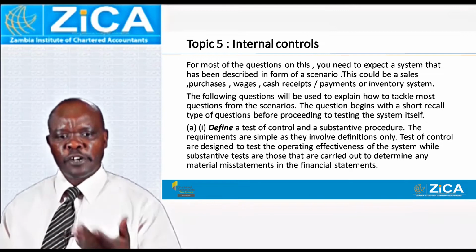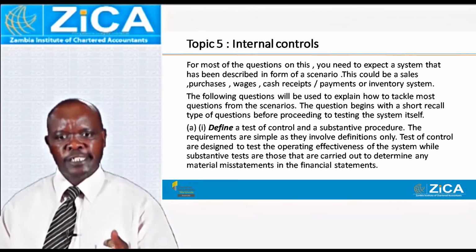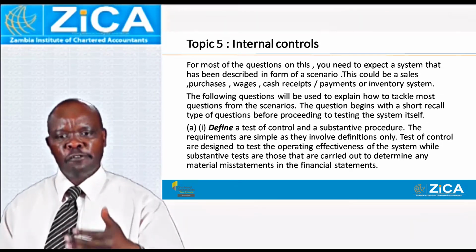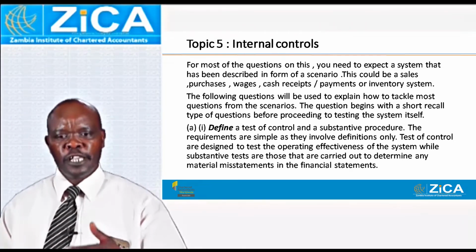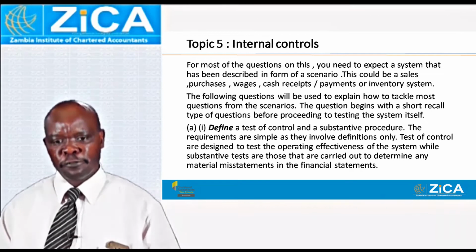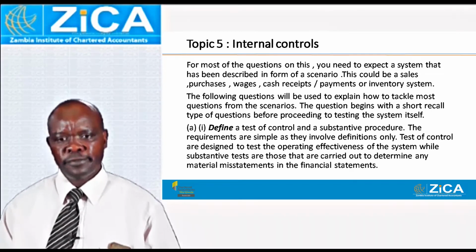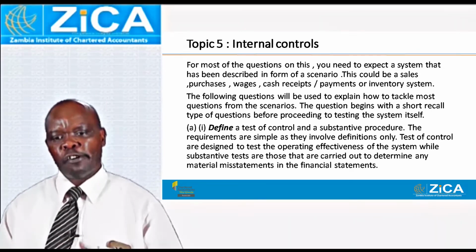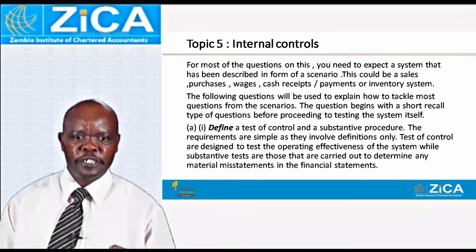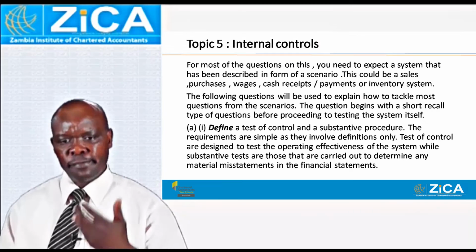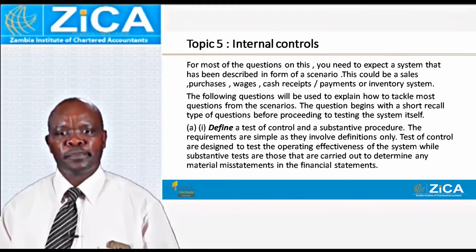For instance, there will be orders for sales. Orders have to be processed, and then, of course, the dispatch comes at the end of it. So within the processes of recording the sales, there will be certain lapses or weaknesses, and these weaknesses can result in fraud or errors, as well as misstatements.